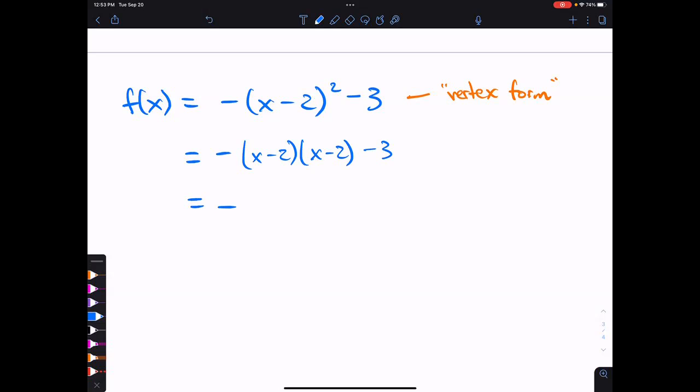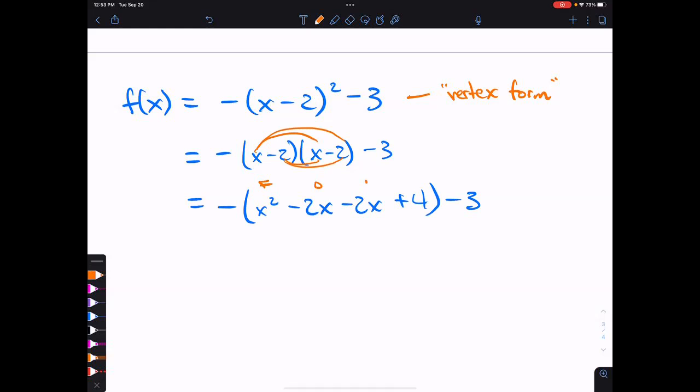So when you do that, FOIL or distribute everything: x times x, x times -2, -2 times x, -2 times -2. All right, I'm expanding that.